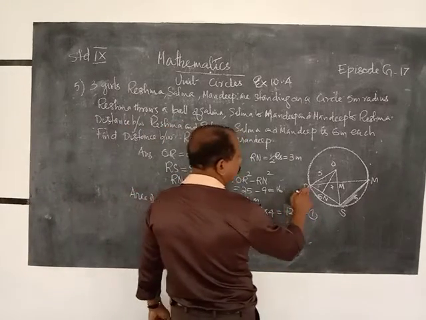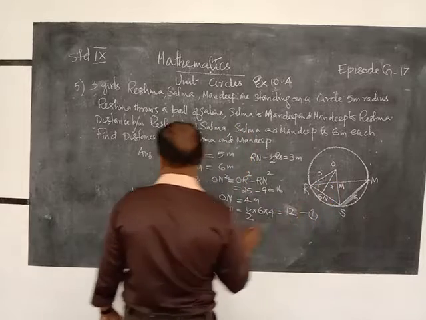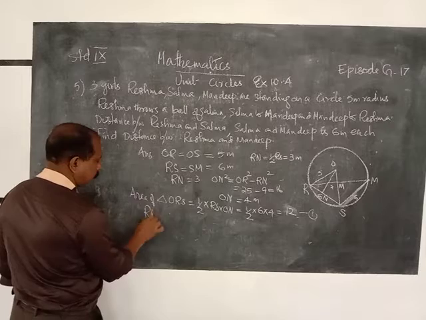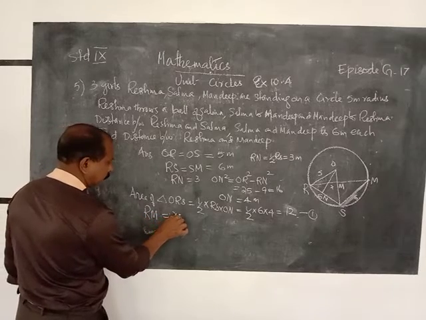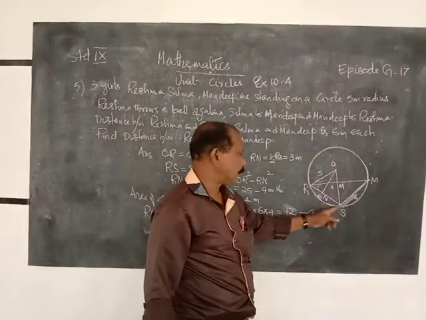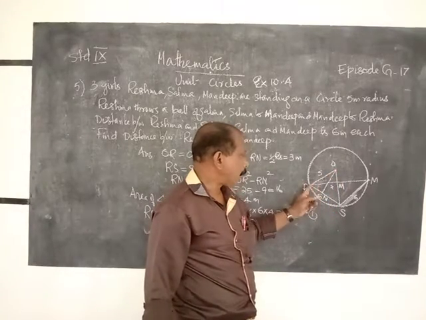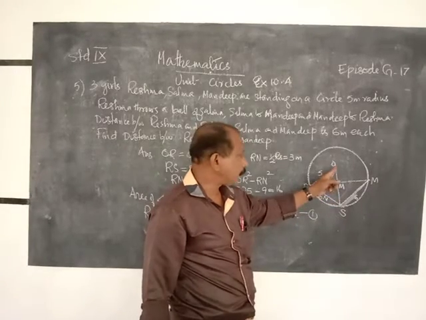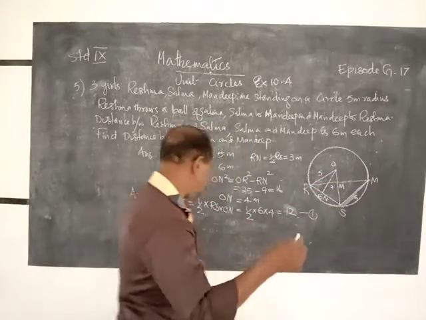Let us assume that RM is equal to x meter. Therefore, this is also triangle ORS. RM is perpendicular to the side OS.